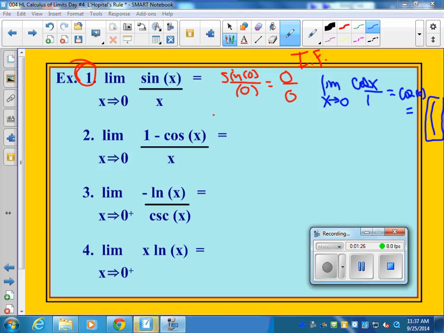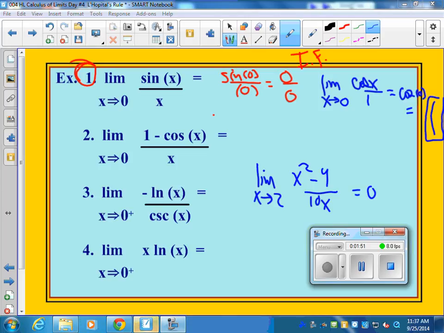Let's try that with number 2. Now don't start taking derivatives right away, because let's say you had the limit, I'm going to make this up, as x approached 2 of x squared minus 4 over 10x, okay? If I just stick in a 2 here, what do we get? 4 minus 4 is 0, right?